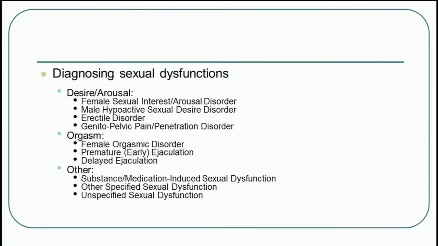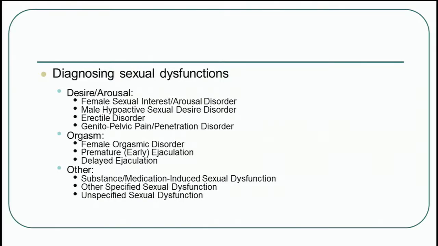If they have difficulties with desire or arousal, some potential diagnoses include female sexual interest/arousal disorder, male hypoactive sexual desire disorder, erectile disorder, genitopelvic pain/penetration disorder. Dysfunctions related to orgasm could include female orgasmic disorder, premature or early ejaculation, or delayed ejaculation.